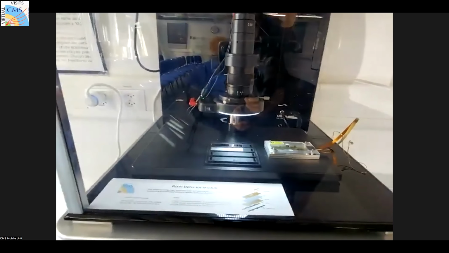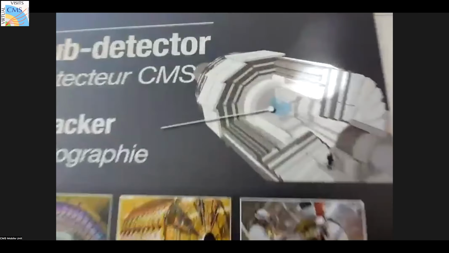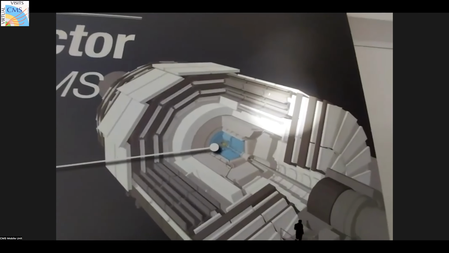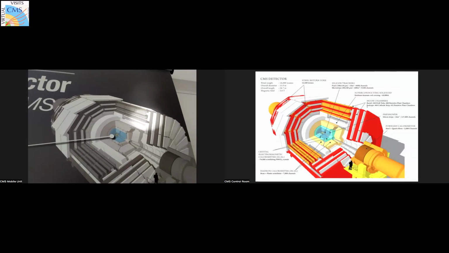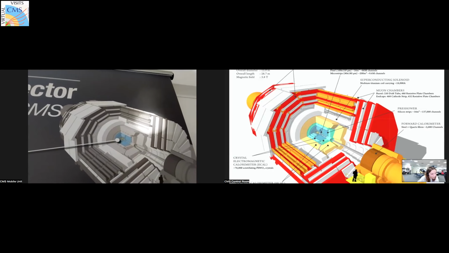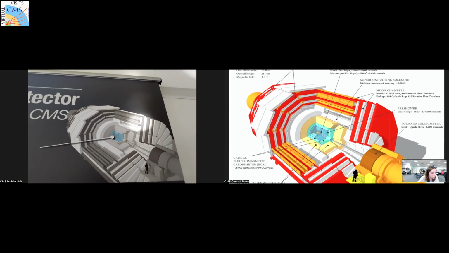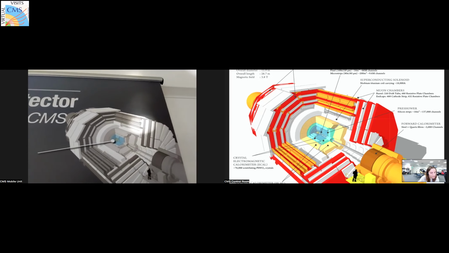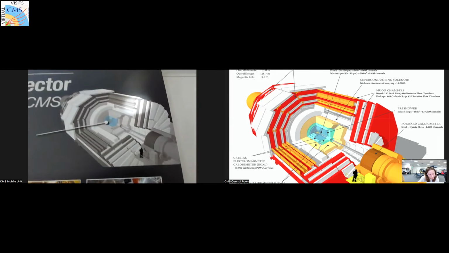So CMS is an onion. There is a collision point at the center, and the particles come out from there. We have an inner part that allows us to track particles, to follow them step by step and see where they're going, for example, if they go in a straight line or if they curve.